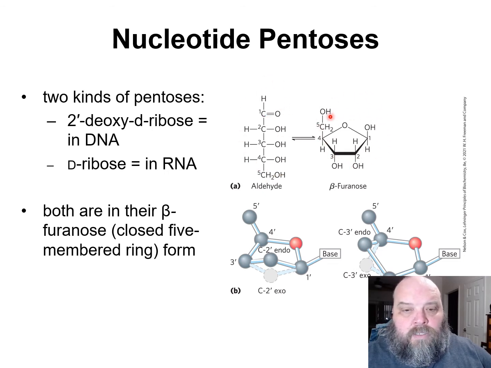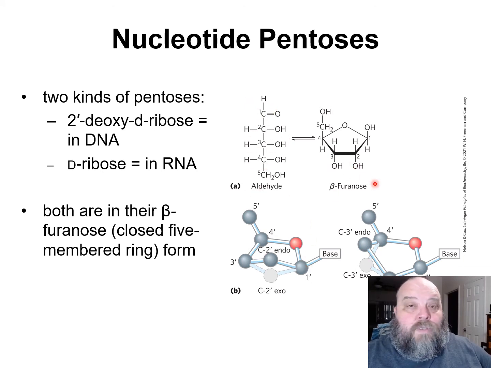This is what biologists would recognize, because remember, we draw everything as though what it would look like in an aqueous solution. And as we talked about last chapter, the sugars in an aqueous solution at pH 7-ish are going to do this cyclic ring. This is more stable in an aqueous solution than this structure here.